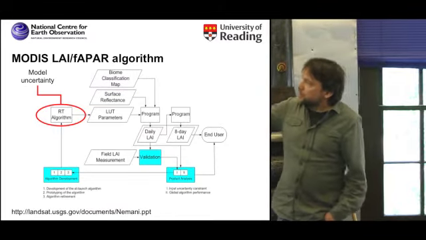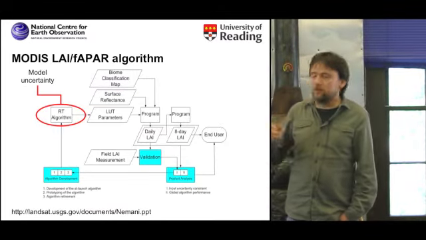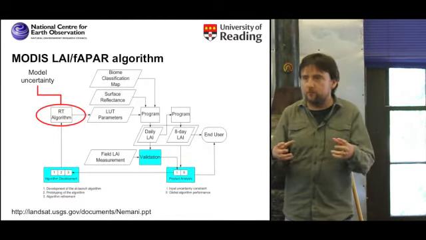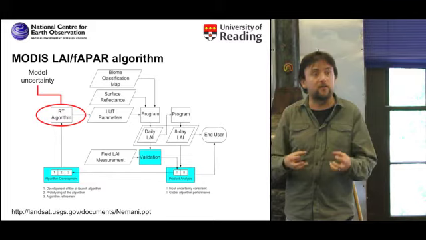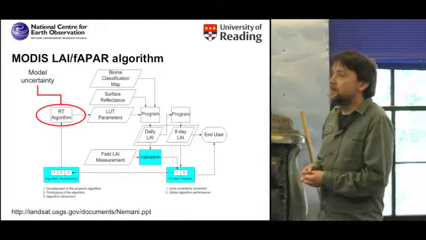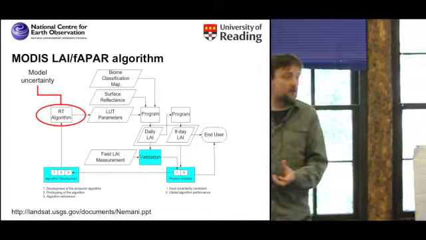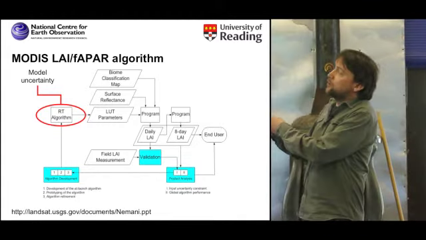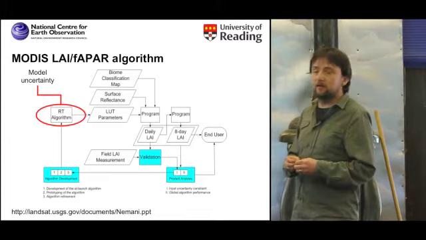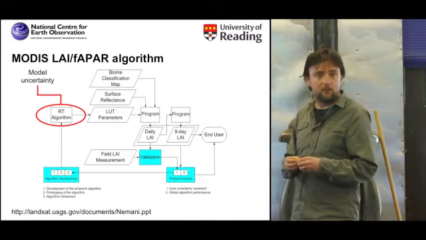There's also the RT algorithm, the radiative transfer algorithm, which is the way that the physics of the photon scattering in the plant canopy is represented inside the model. And of course, no model, like Dave said earlier, is perfect. It has to make some simplifying assumptions just to make it a numerically tractable problem. So there's some model uncertainty inside the production of these data as well.